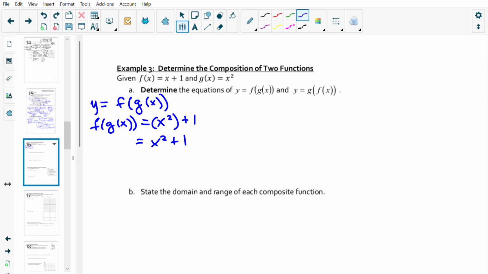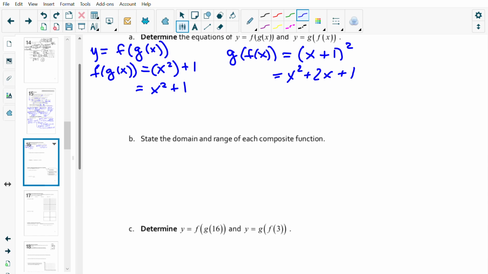Okay, and then we're doing g of f of x, so I'm substituting f of x into g of x, so f of x is x plus 1. So I'm going to substitute x plus 1 into g of x. I have x plus 1 squared, and my resulting function is x squared plus 2x plus 1.